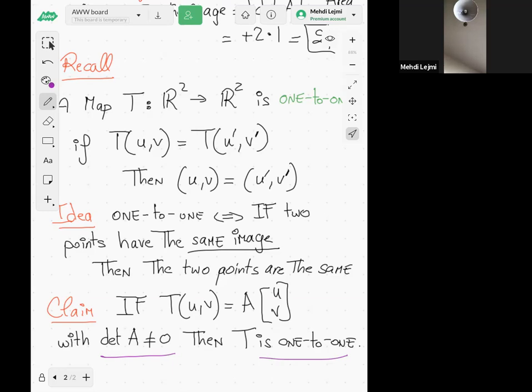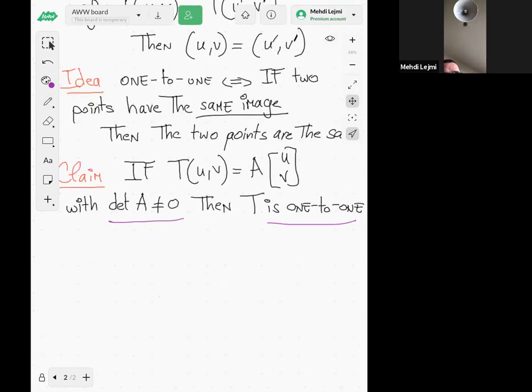Is there any question, guys, about these linear transformations? But of course, not all transformations are linear. So this is my next remark, and I will do an example.